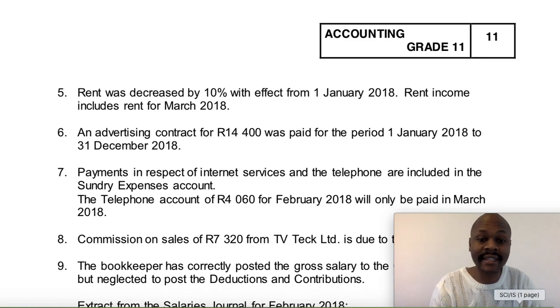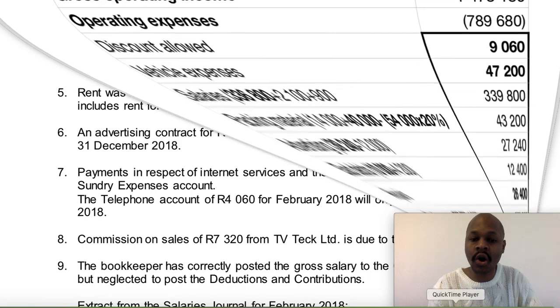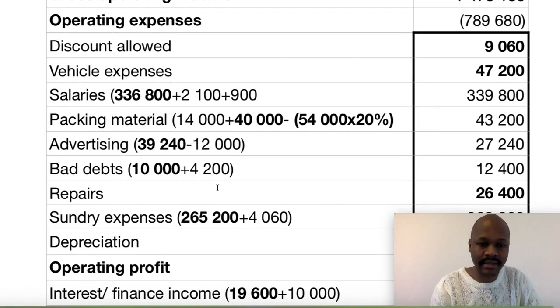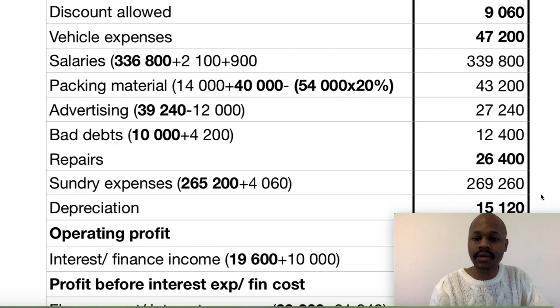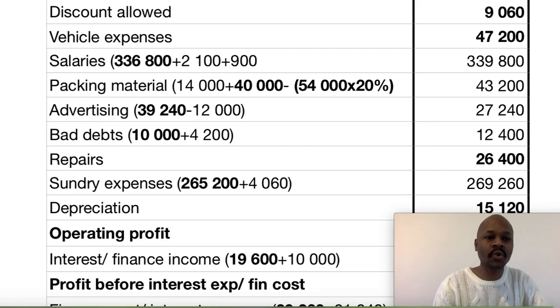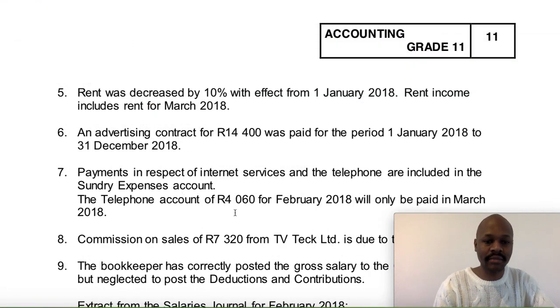So you'll take that 4,060 to your sundry expenses. We add this 4,060. It will give us how much? 265,200 plus 4,060 gives you 269,260. Let's go to our next adjustment.